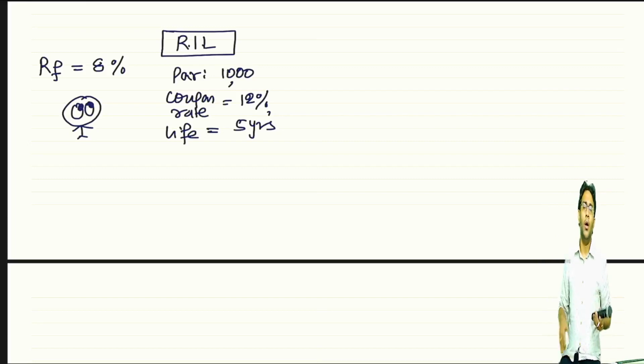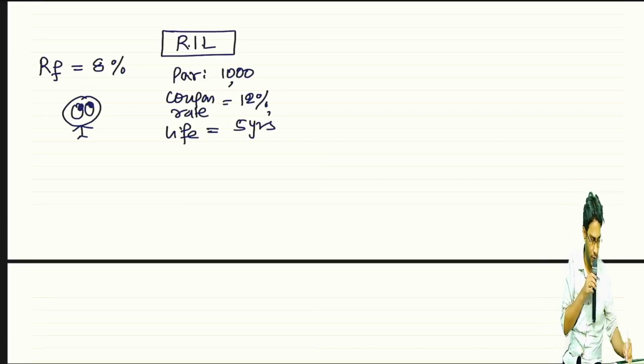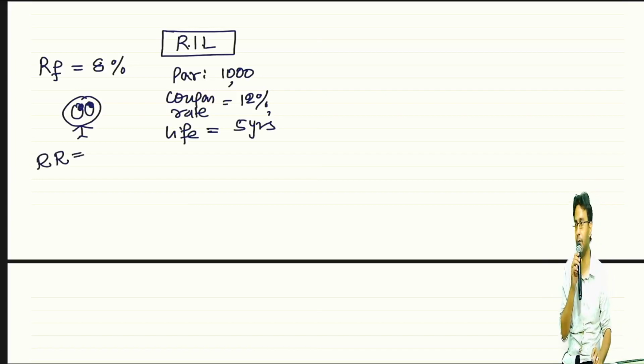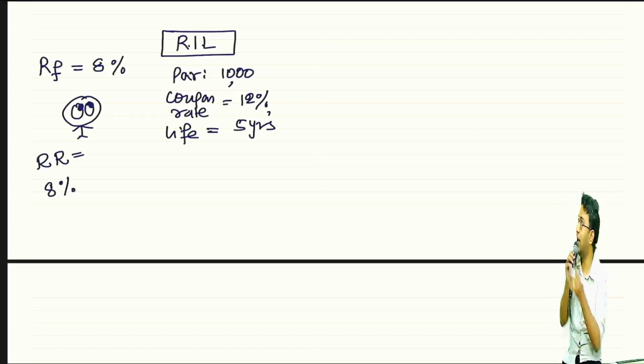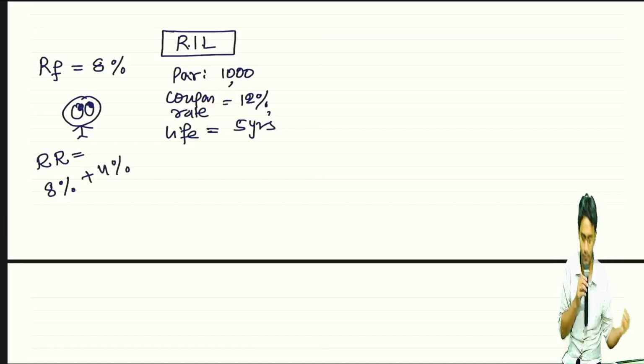Now, whether I will buy this bond or not depends on my analysis of required return of this company. Is Reliance Industries a risky company or not? Risky. Tell me, sir, will I expect 8% or more than that? More than that. So what our fellow thought is, today market risk-free rate is 8, but this company is not risk-free, it is a risky company, so I want extra return, and he added 4%.